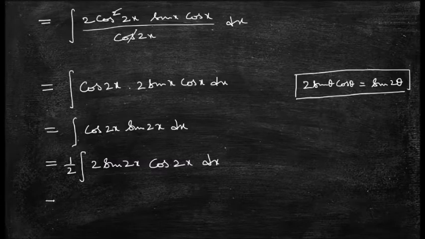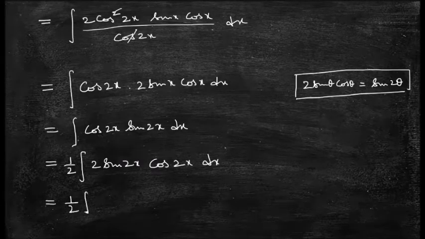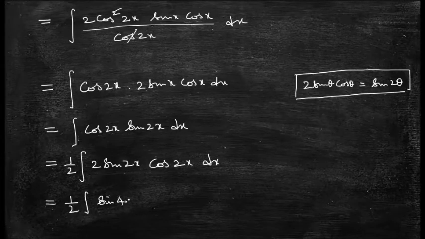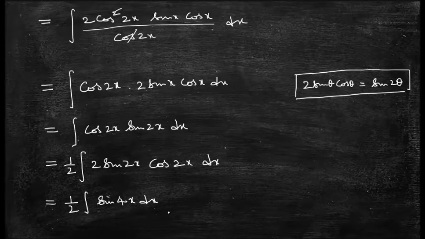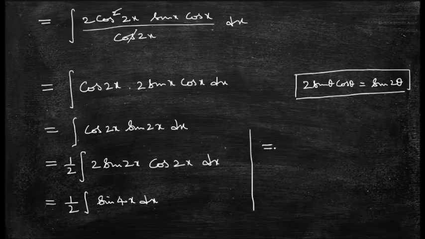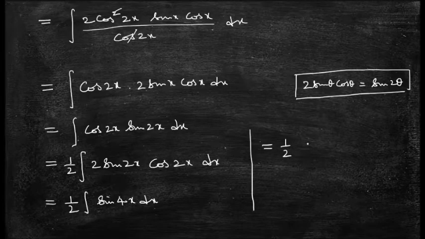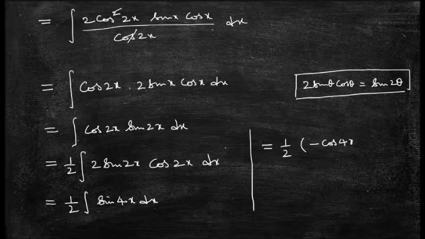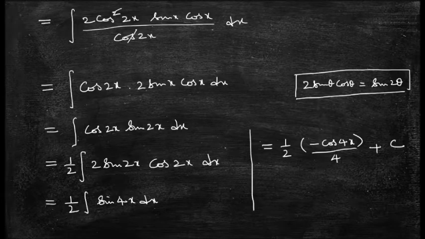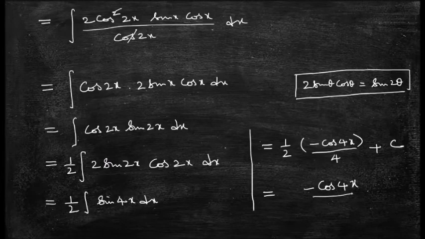I can write it as half the integration of sin of 2 times 2x, that is 4x, dx. Now you can write the integration of this. What is the integration of sin theta? Minus cos theta. So minus cos 4x by 4 plus c becomes minus cos 4x by 8 plus c.